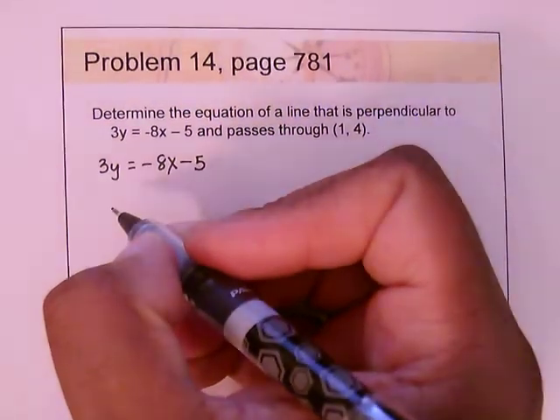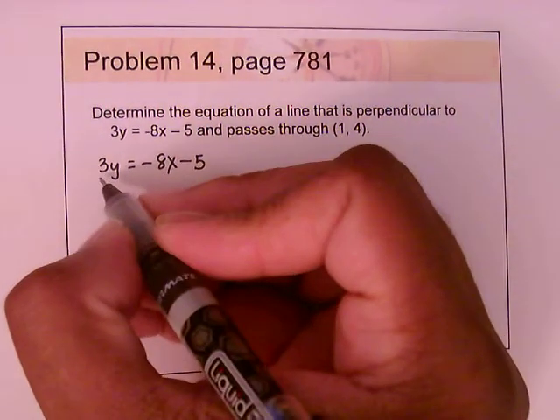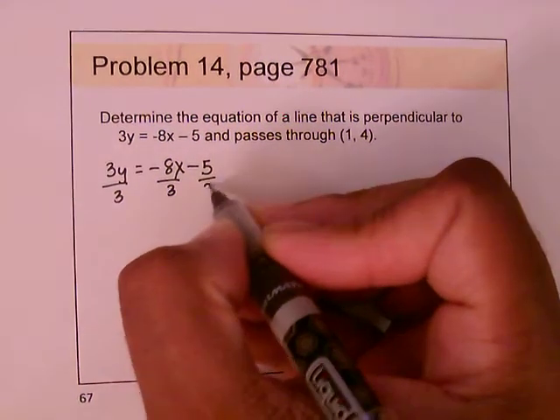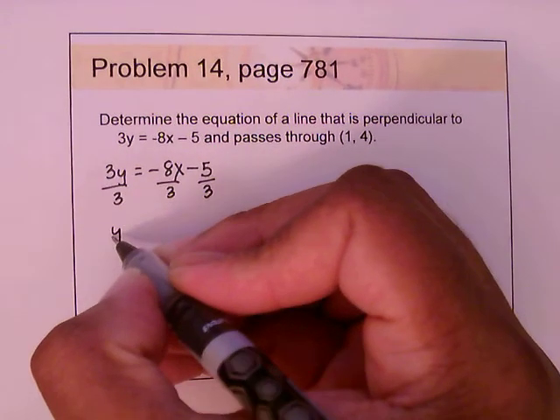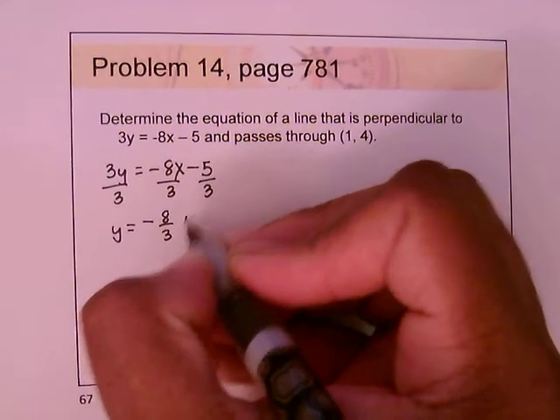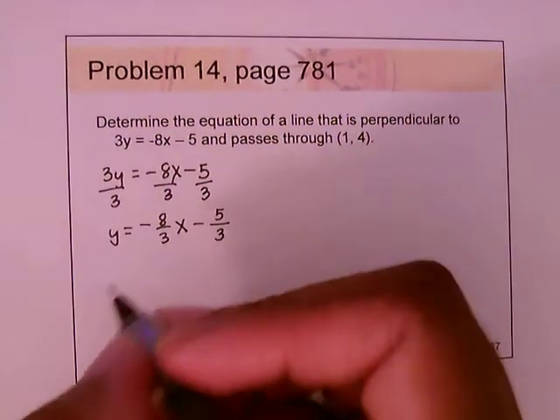First of all, we need to solve this equation for y before we identify the slope. I'm going to do that by dividing each and every term by 3. So this is y equals -8/3 x minus 5/3.